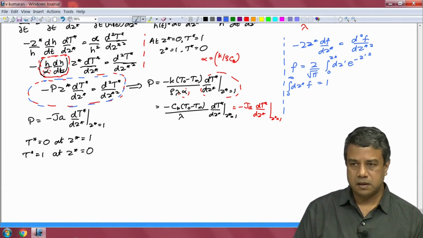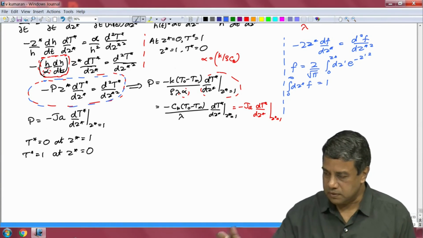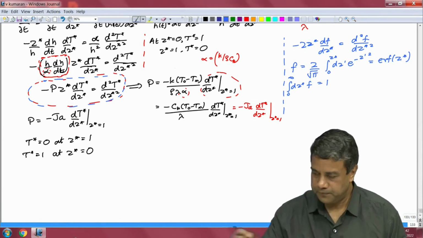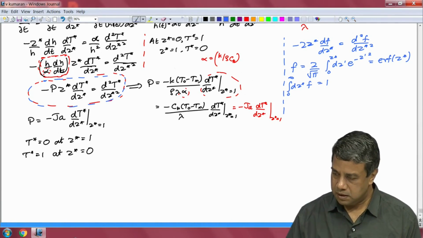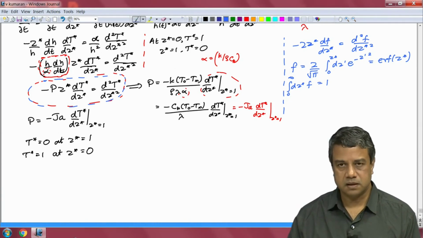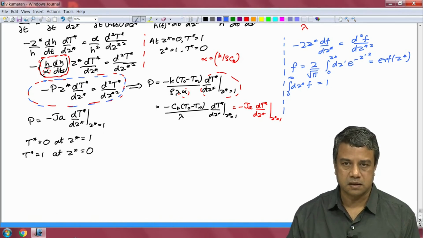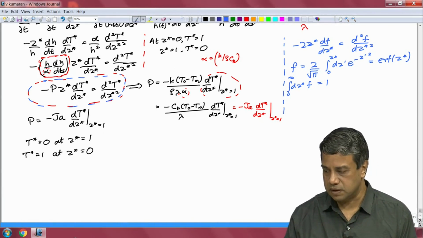This is the error function. This is equal to error function of z star. This satisfies the normalization condition. If you recall that, in case you do not recall it, kindly go back and revise that error function solution.